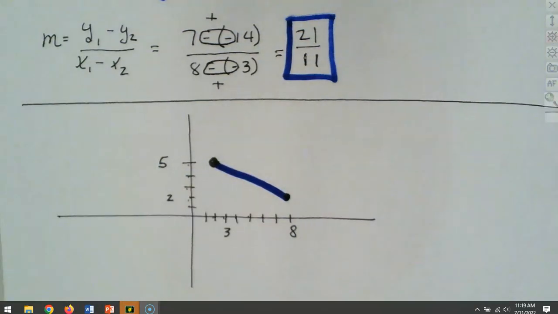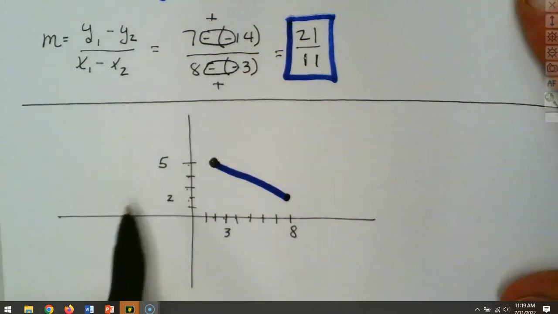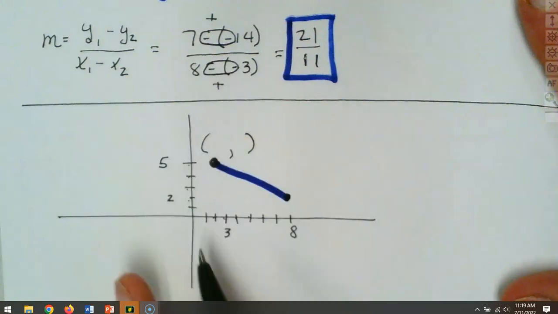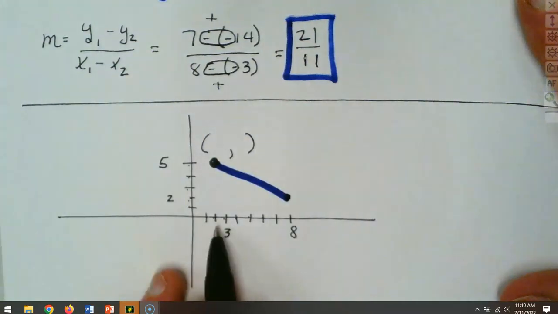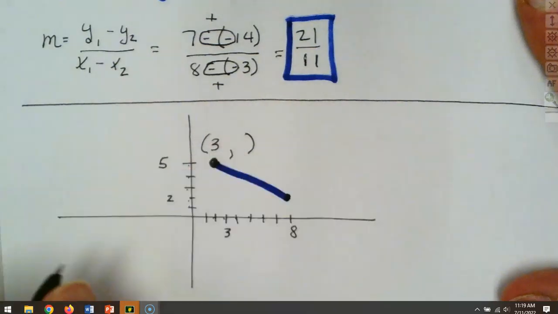Now, in order to find this slope, I need to come up with 2 points, right? 2 ordered pairs somewhere. So all we have to do is look at the graph and find 2 points on this graph. And you can use any 2 that you want. This point right here is going to be about, I know it's hard to see, but about 3 over and about 5 up.